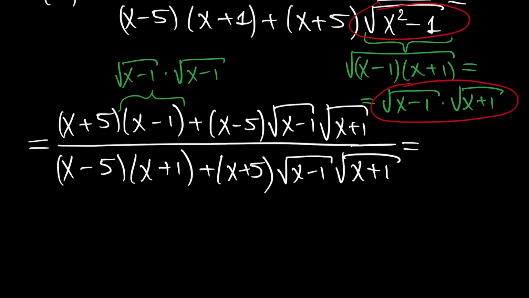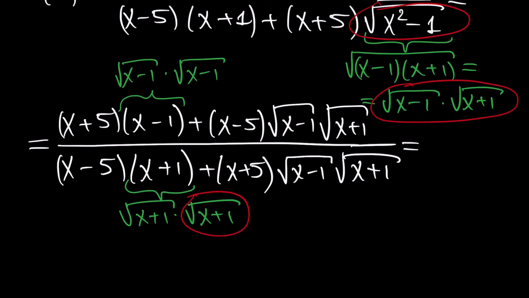And let's take out of brackets these two terms, square root of x minus 1 and this square root of x minus 1. And for the denominator, this is equal to square root of x plus 1 times square root of x plus 1. And here we can take out of brackets square root of x plus 1 and this square root of x plus 1.